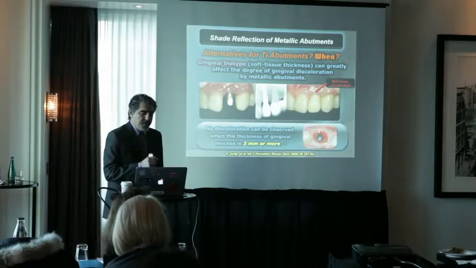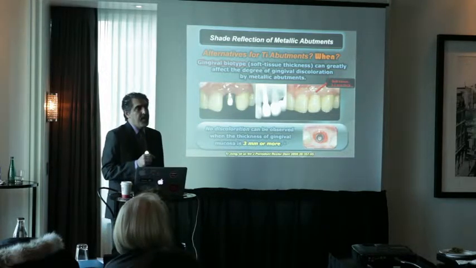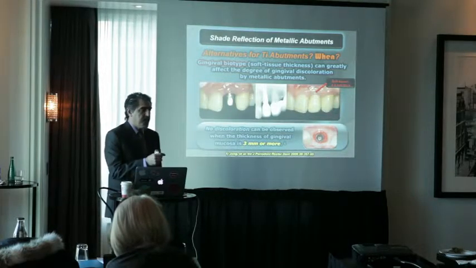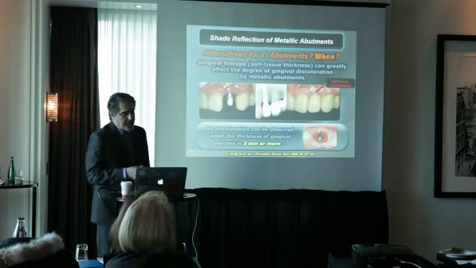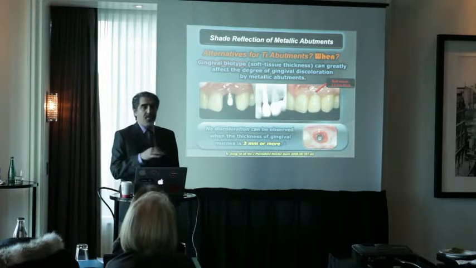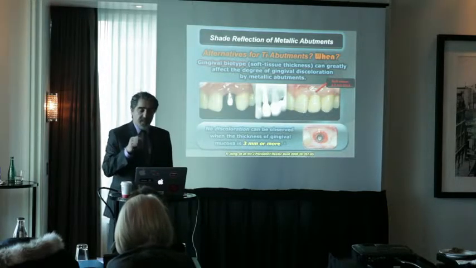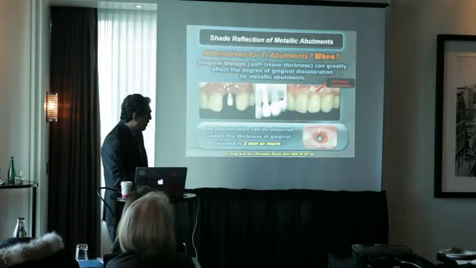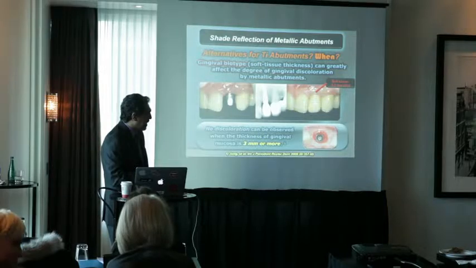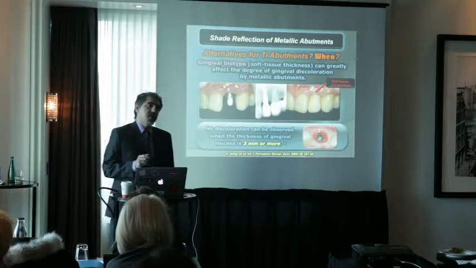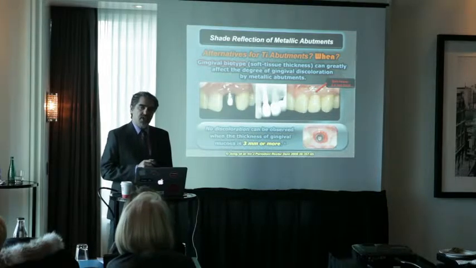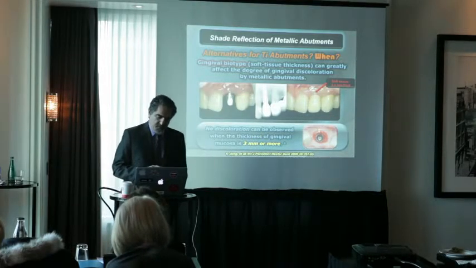Jung did a very nice study to see practically how much thickness is enough. Based on their result, they were saying that if it is 3 millimeters or more of thickness, as you can see here, 3 millimeters from here to here, the tissue is not going to let the gray shade be reflected.